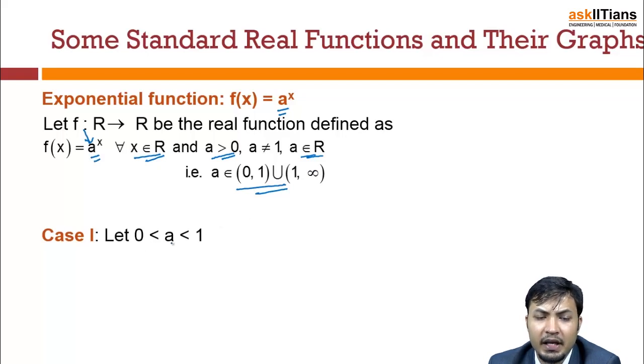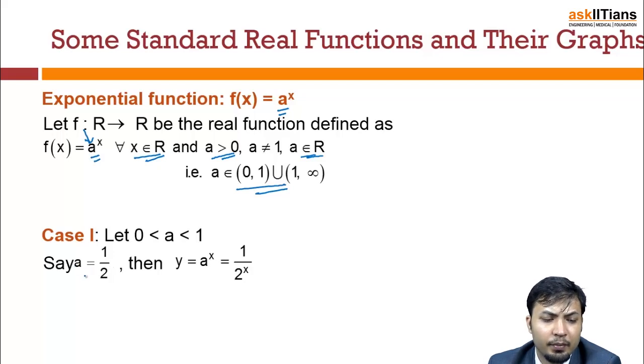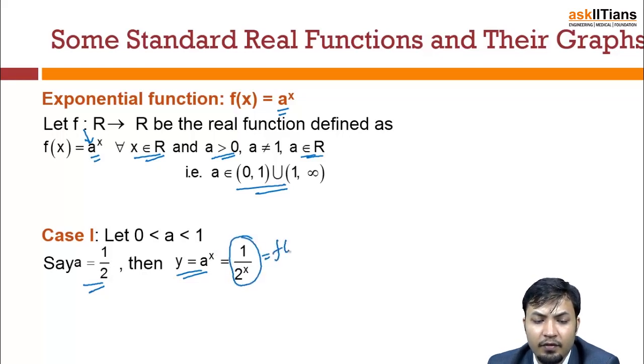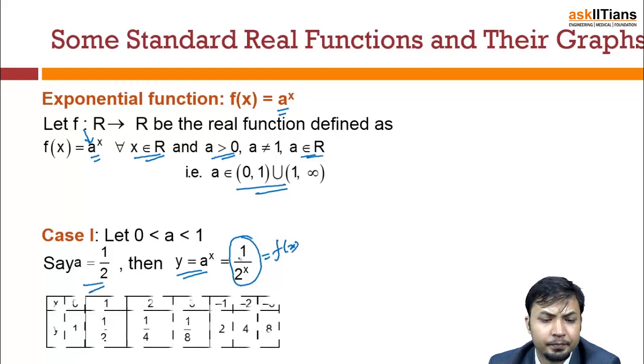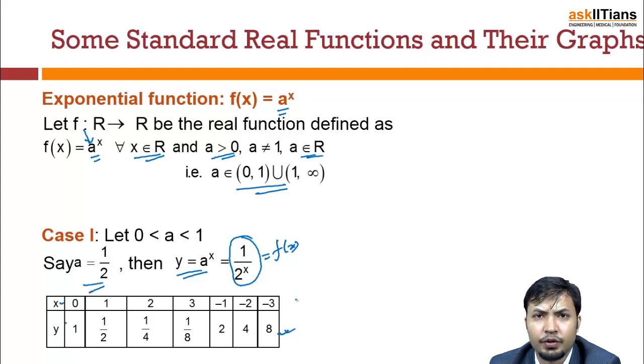Let's take a look at case 1. Let's say my a lies from 0 to 1. So let's say my a is equal to 1 by 2. Then y is equal to this. If I put it, it can be written like this. So this is my function. If you look at the table for x and y for different values, I'll get these different outputs.